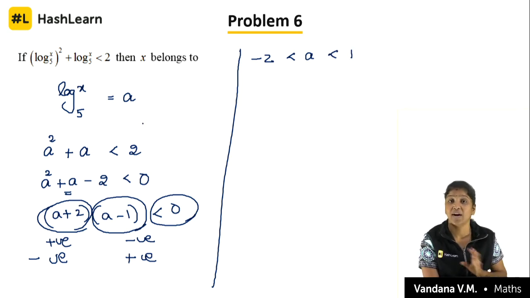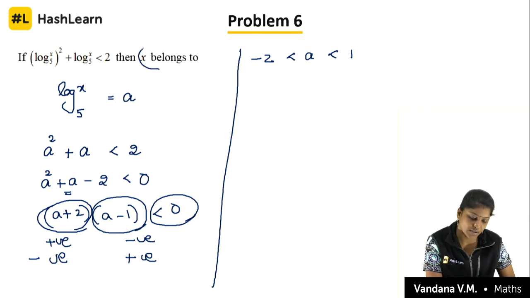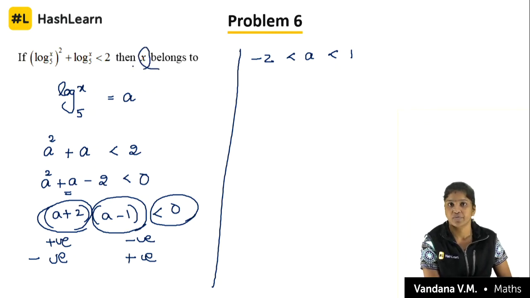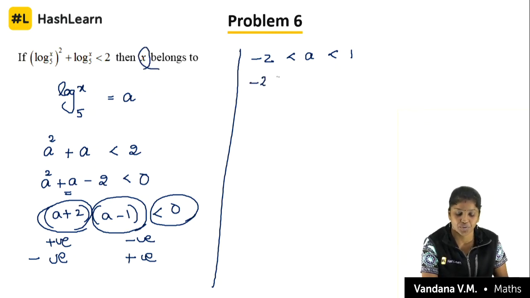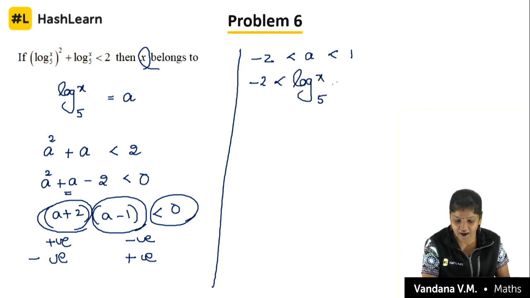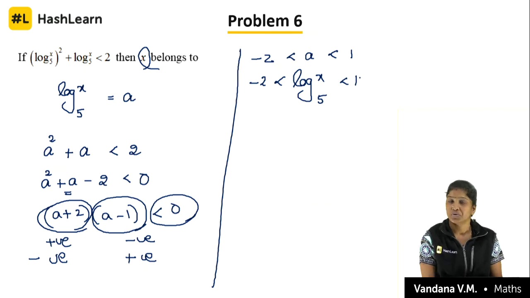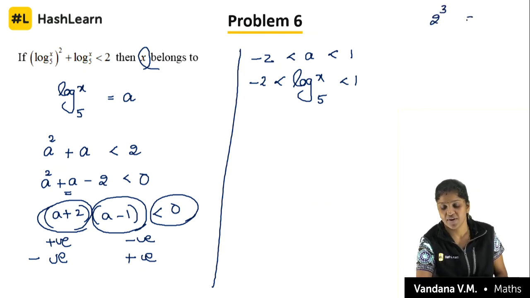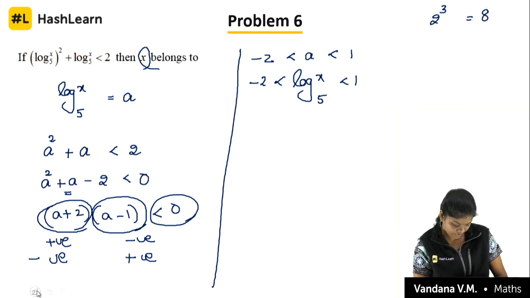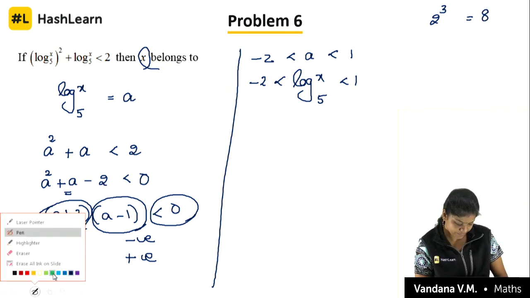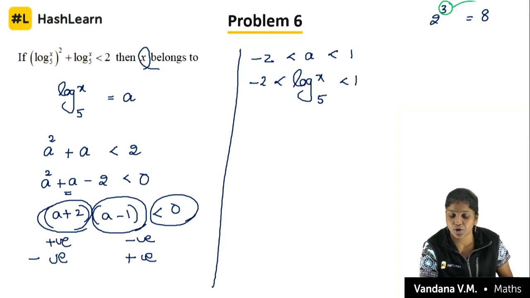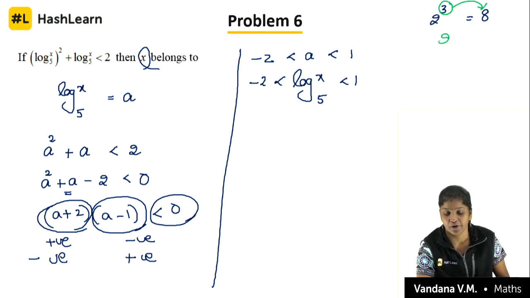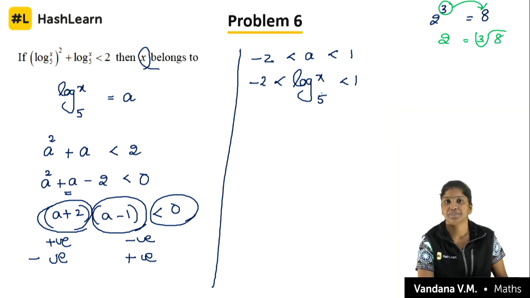But I don't want the a value, I want the x value. How to find out the x value? Minus 2 less than log x base 5 less than 1. So many times I told you children, 2 cube is equal to 8. If you transfer the cube to this side, 2 is equal to cube root of 8.